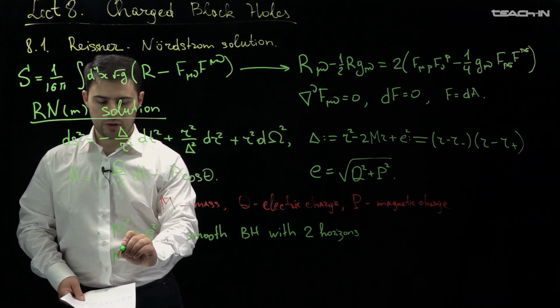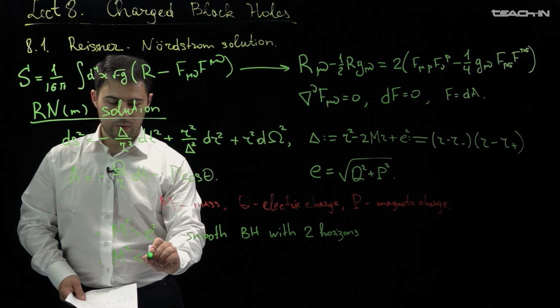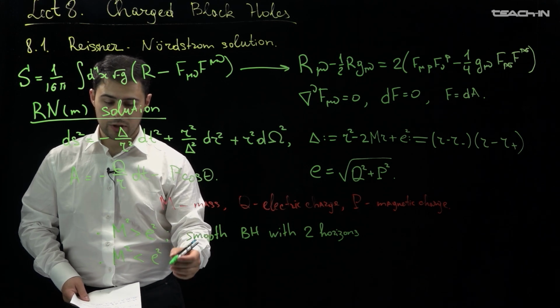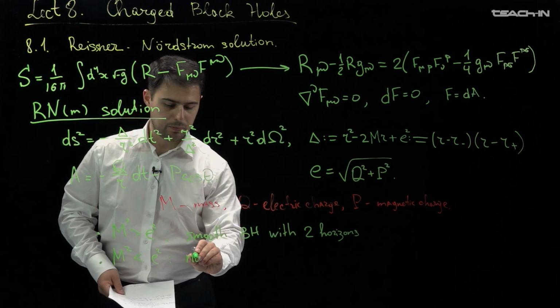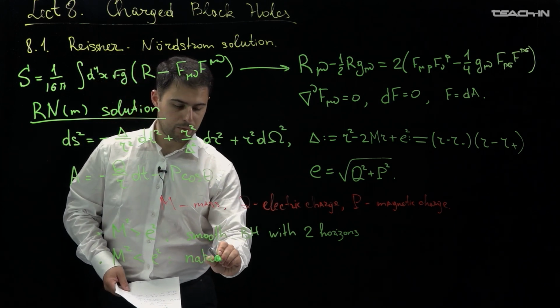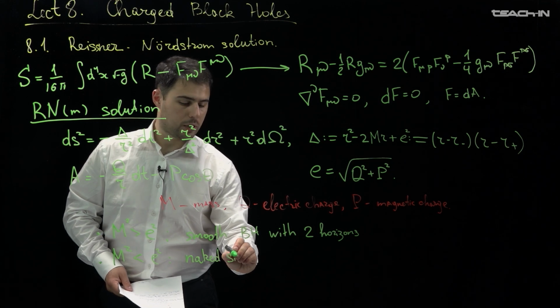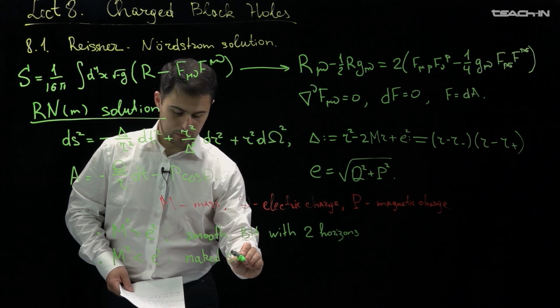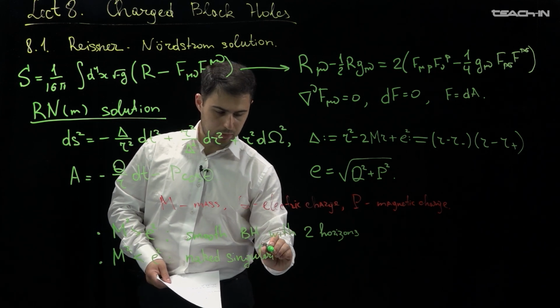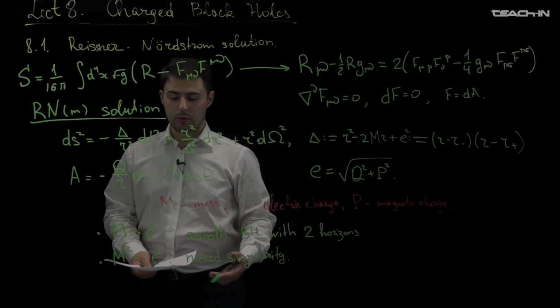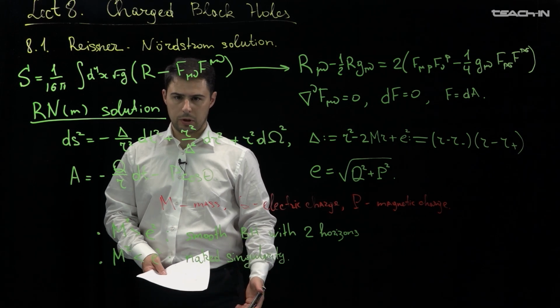The second branch is where the electric or magnetic charge dominates over the mass, and we have a naked singularity because both of the roots are imaginary. So this is an unphysical situation.